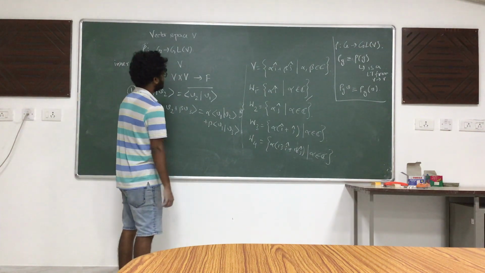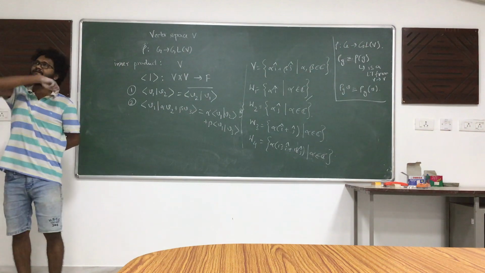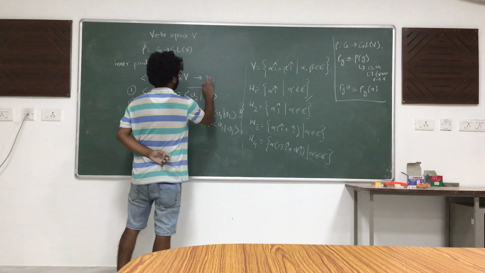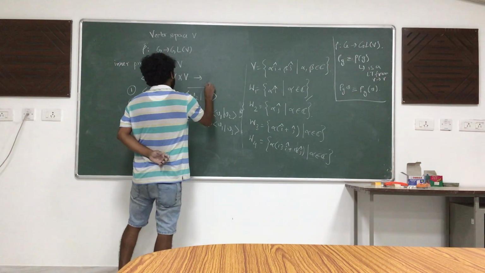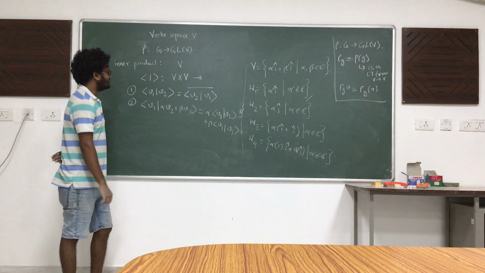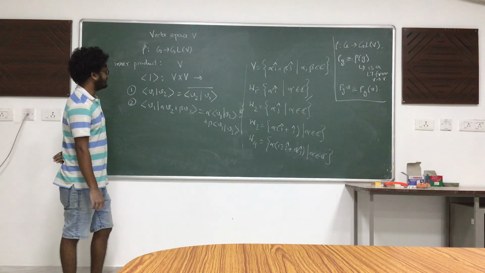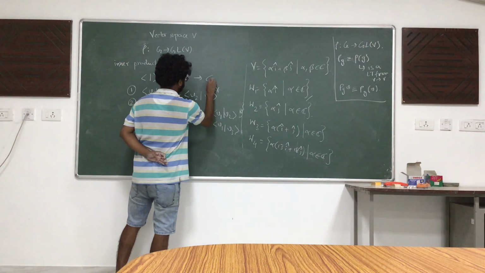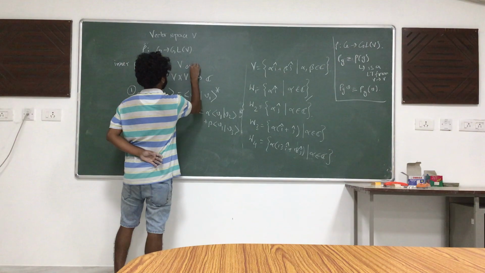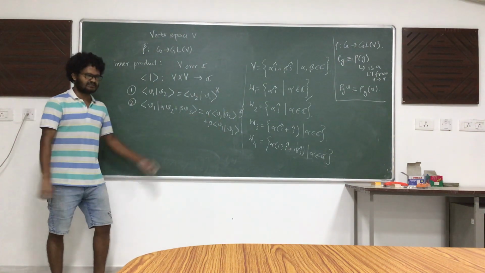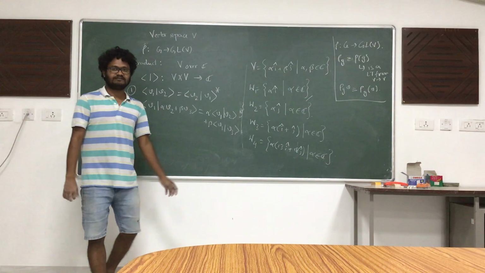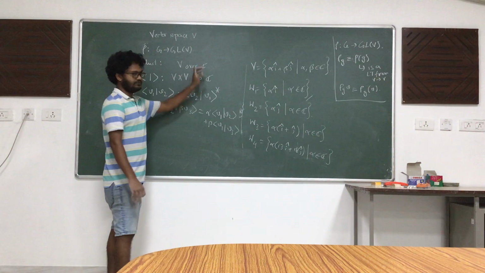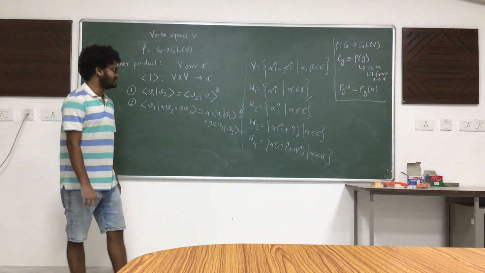Not in a general field, because conjugation is not always defined. So let us say V is over complex numbers. Otherwise this does not make any sense. So let us define it over the complex field.